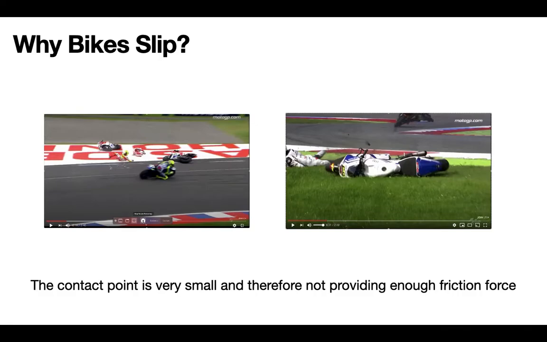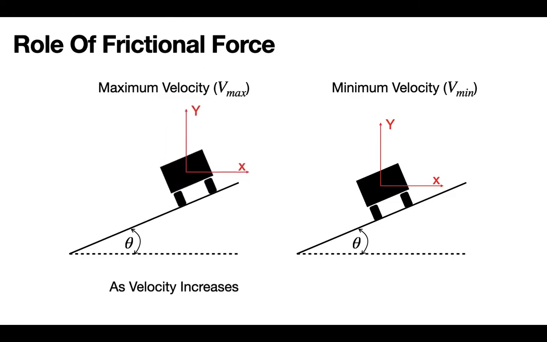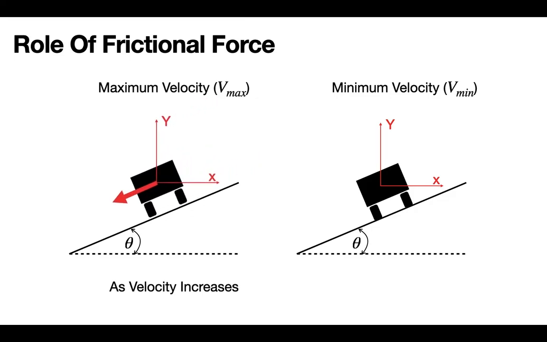So let's look at the role of the frictional force. What is the maximum velocity? As you try to go on the circuit track with more velocity, the bike tries to skid, but it is the friction force which pulls back and tries to put the bike on the same track.